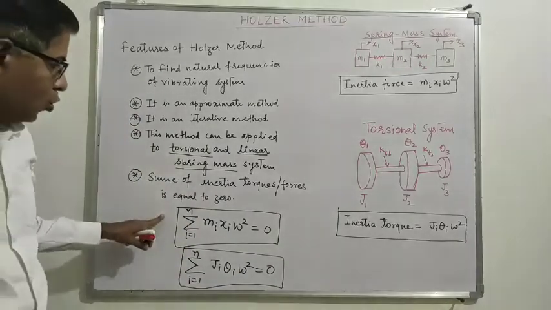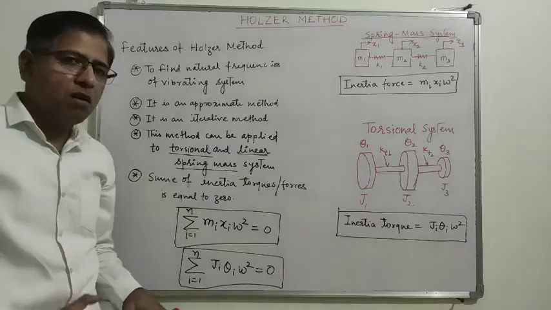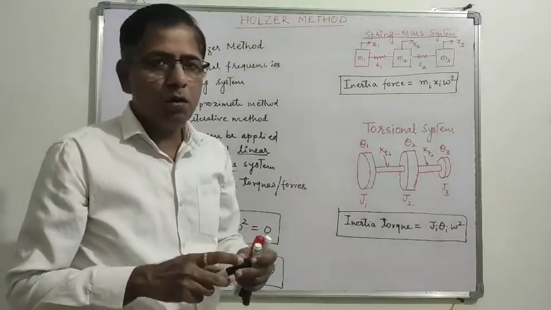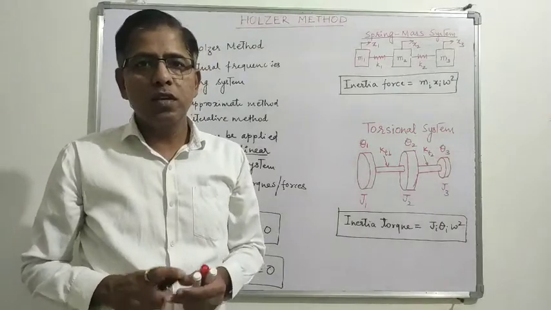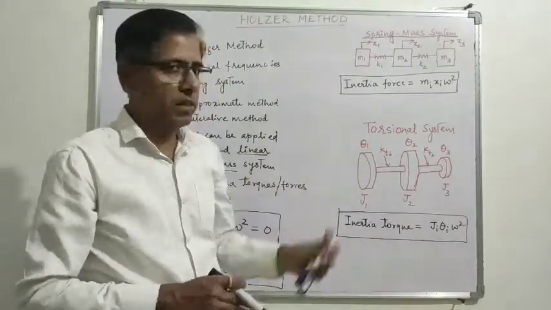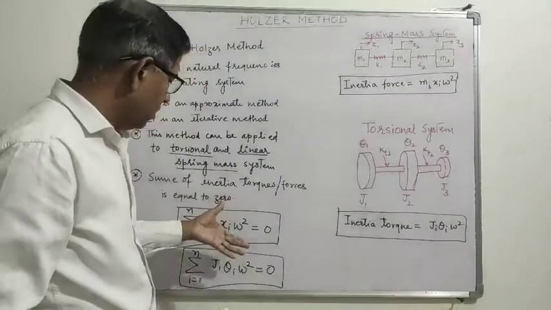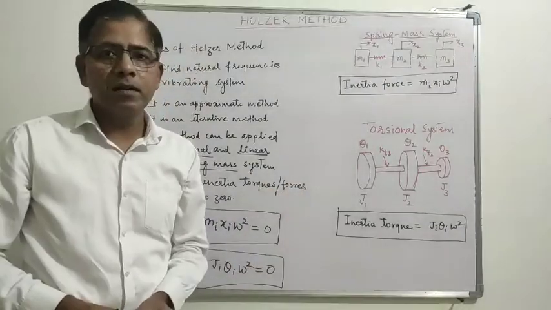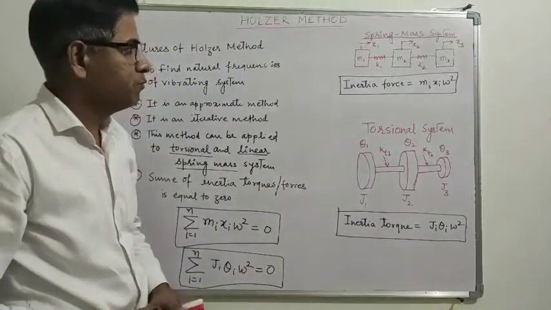So the summation of the inertia forces or inertia torques being equal to 0 is the principle of the Holzer method. Now how this principle can be applied, we are going to see.